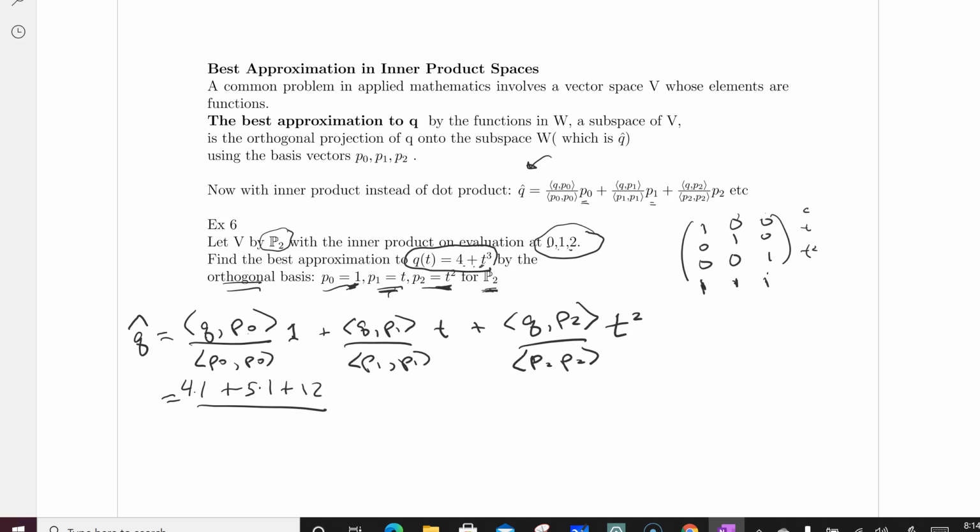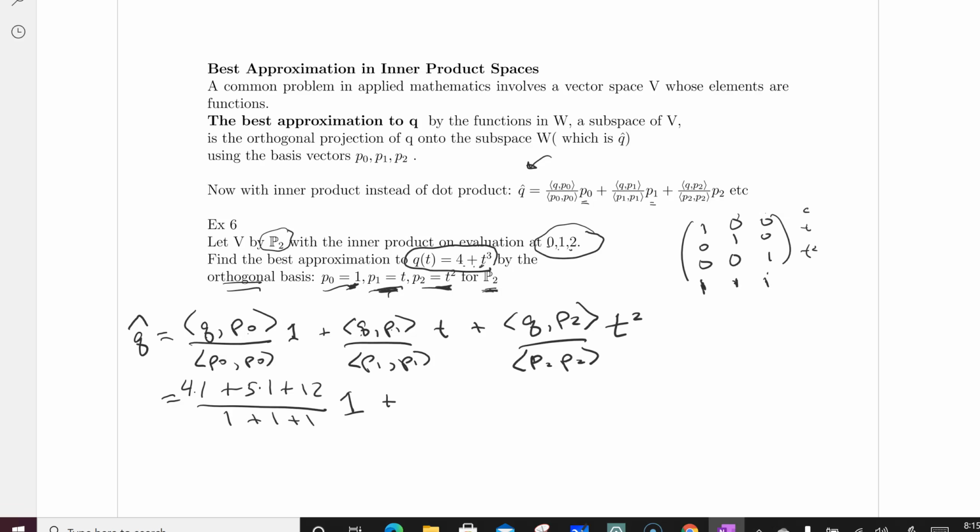All right, and that's all over the length of P naught, which is P naught with itself, right? So this times this, so that'll give me a 1 plus a 1 plus a 1, and it's all times the number 1 plus. Okay, on to the next one. So now I'm going to be taking Q with P1.